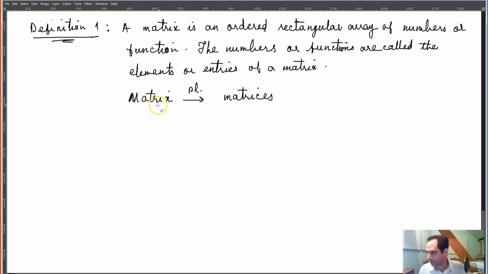And matrices are usually denoted, or well, I would say all of the time are denoted by capital letters, like for example sets that are denoted by A, B, C, D, and so on and so forth.